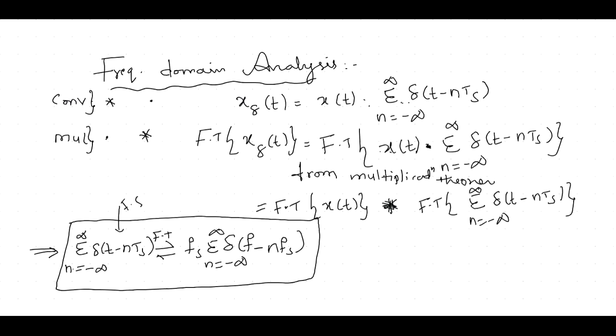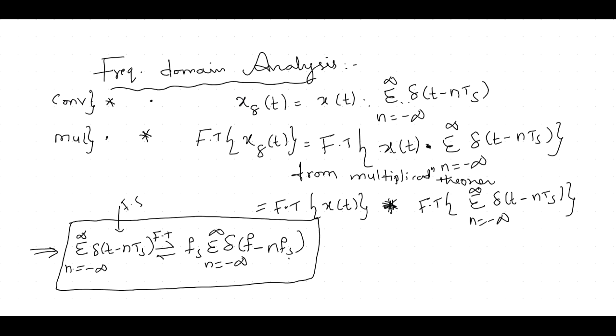Okay, please make a note of this. Fourier transform of a train of impulse function, summation n equal to minus infinity to infinity delta of t minus nTs, is in Fourier transform pair with fs. fs is nothing but 1 by Ts. fs into summation n equal to minus infinity to infinity delta of f minus nfs. Now we have to substitute this here in place of this.